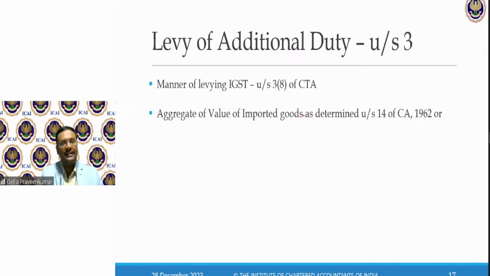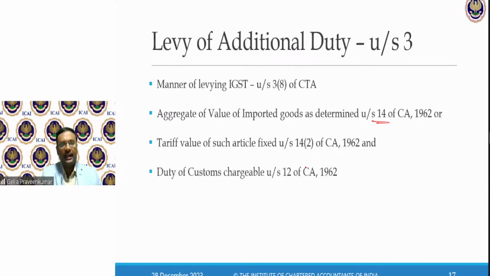So this is examine section 12, levy, then valuation. Next class, I'm going to deal with valuation. They say, please find out what is the value under section 14, or tariff value of such article fixed under section 14, subsection 2 for examining what is a tariff value.